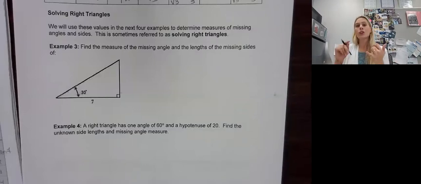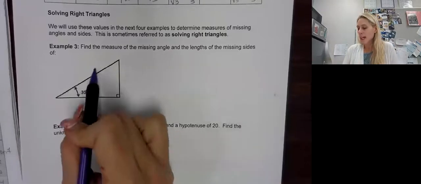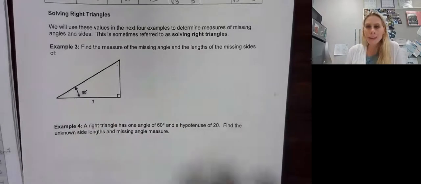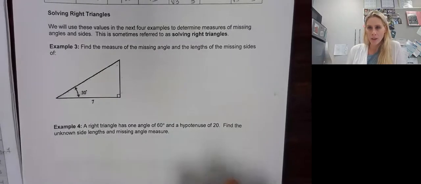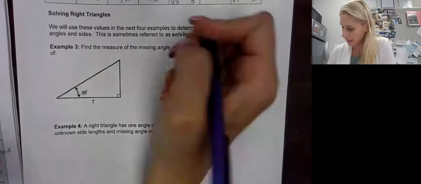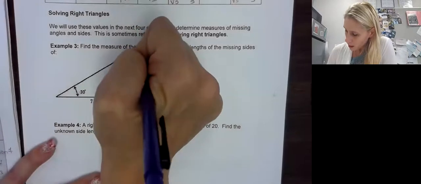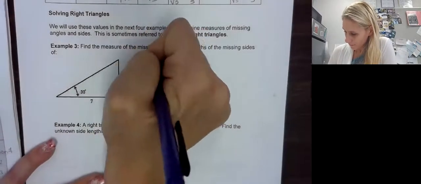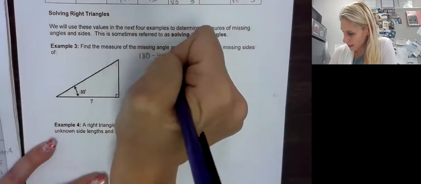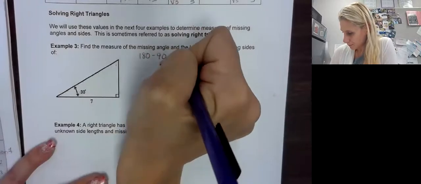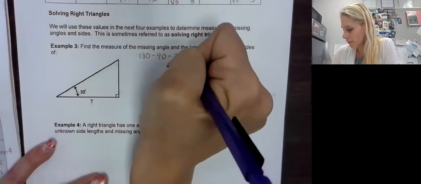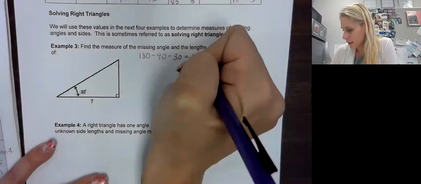Well, missing measures are missing angles and missing sides. So I'm missing 2 sides and I'm missing an angle. Which one's the easiest to find first? The angle, right? Because the angle, we would have 180 minus 90 minus 30. And that would give us our leftover angle of 60.